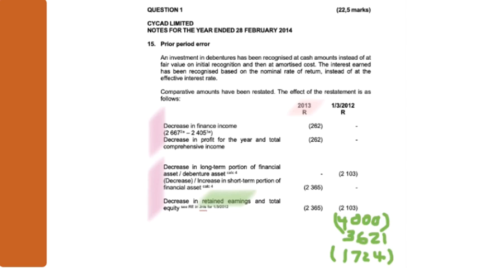So when you look at the decrease in retained earnings, the amount is not equal to the change that was there for the current year in the profit of 2013, in the SPLOCI items of 2013, because retained earnings is a cumulative item. It therefore takes into account everything that has happened at any point.